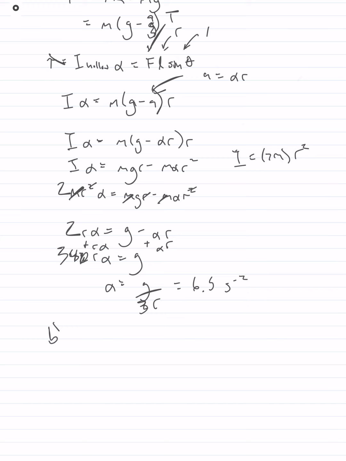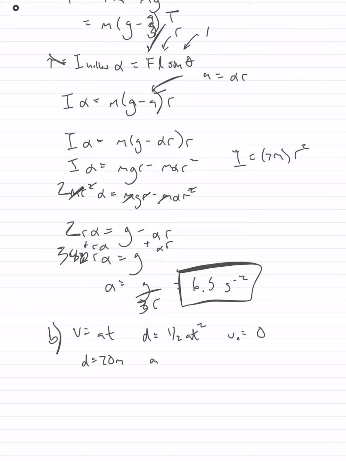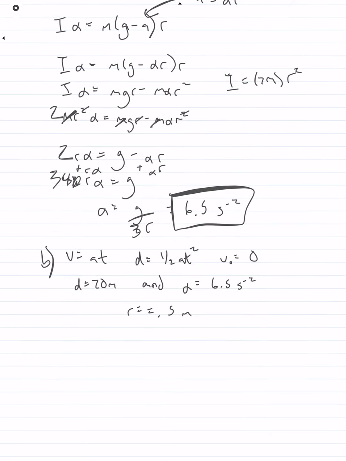Okay, so now for part B. That's the answer for part A. For part B, what is the velocity of the man when he has dropped 20 meters? Now this is a little simpler. We could start with some of the initial equations you learn in physics: v is equal to at and d equals 1/2 at squared, because v0 in this case is going to be 0. We know that d is equal to 20 meters, the angular acceleration is 6.5 seconds to the negative 2, and r is equal to 0.5, and why these values are important I'll get to in a moment.